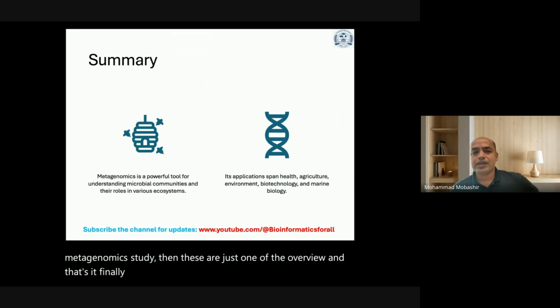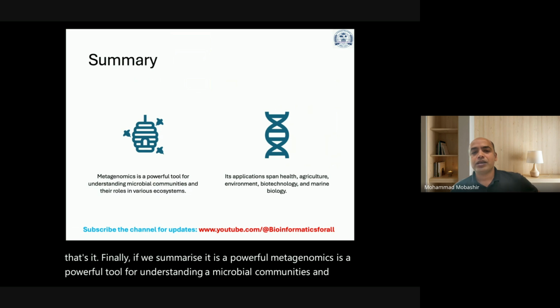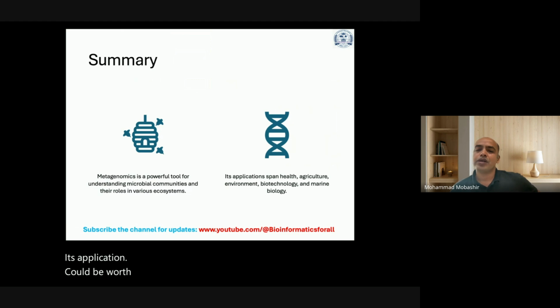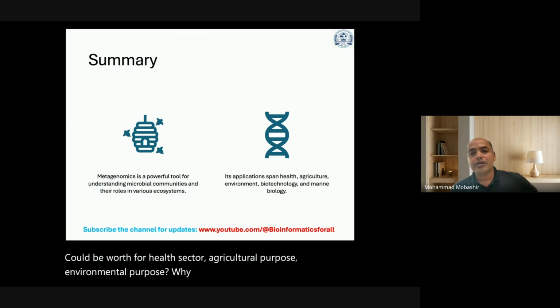Finally, if we summarize, metagenomics is a powerful tool for understanding microbial communities and their roles in various ecosystems. Its applications are valuable for the health sector, agricultural and environmental purposes, biotechnology applications, and understanding and exploring marine biology.